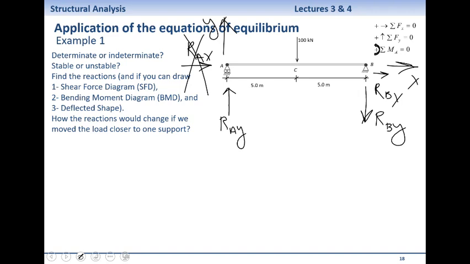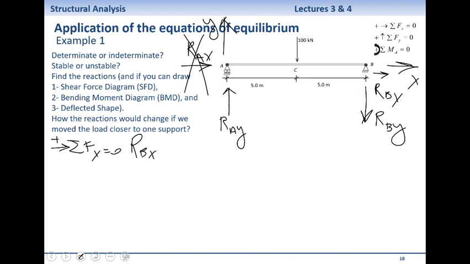Okay? Now, can you help me with the horizontal one? Summation of forces in x direction is 0. This is my positive direction. What forces do we have? Look at the free body diagram and tell me what horizontal forces you have. RBX.